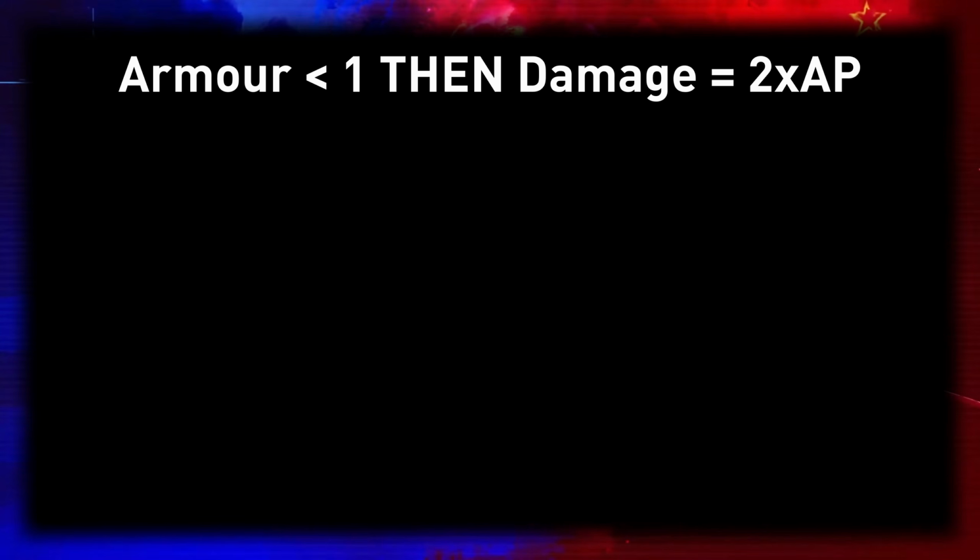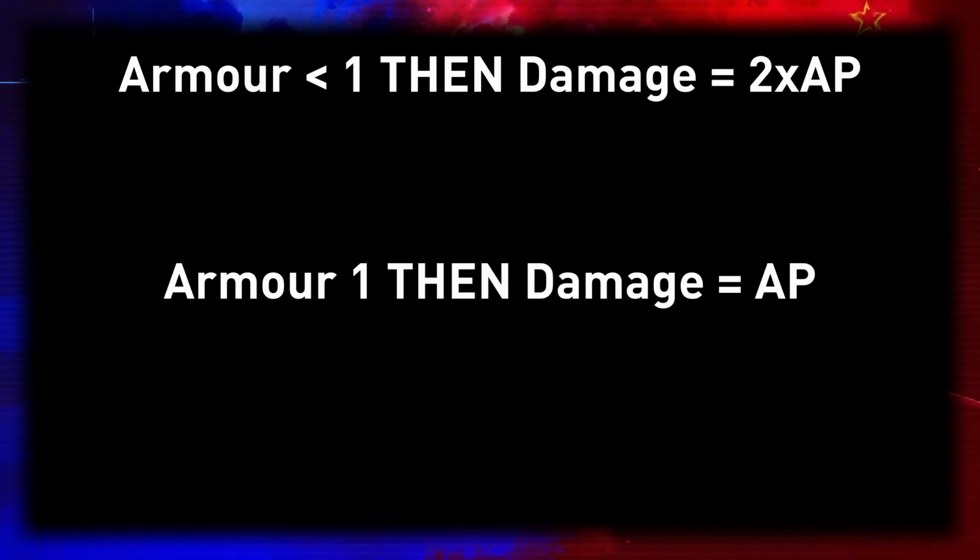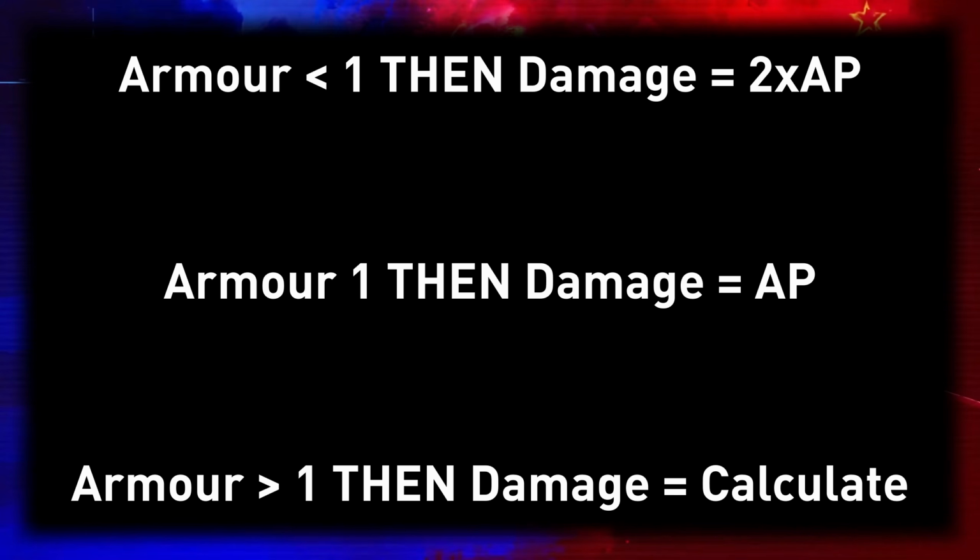So, if your armor penetration value is 15, you do 30 damage, and that unit is dead. If the armor of the unit you're attacking is 1, then the damage is equal to the armor penetration value. So once again, if we had 15 armor penetration, we would be doing 15 damage. Once the armor goes above 1, we need to start doing the actual damage calculations.